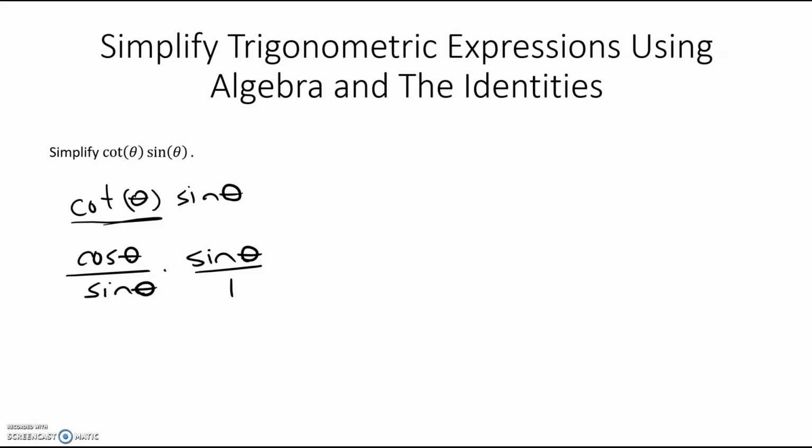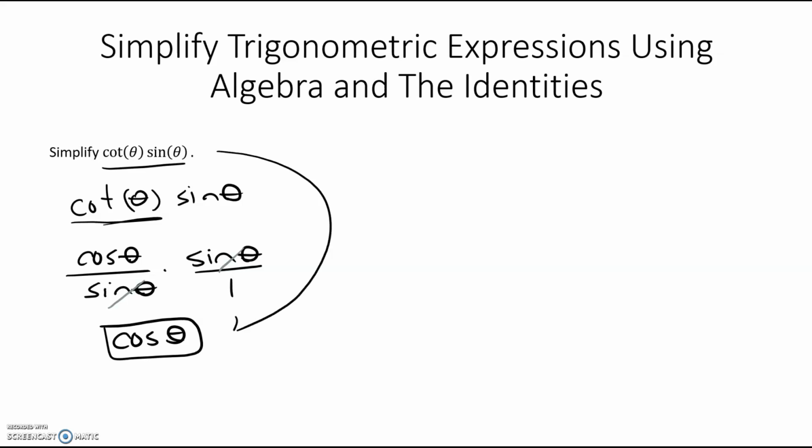And I put it over 1 just to make sure I know that the sine is in the numerator. So I got a sine in the numerator and the denominator, so they cancel out. And I'm just left with cosine of theta. So we have simplified this expression to cosine of theta.